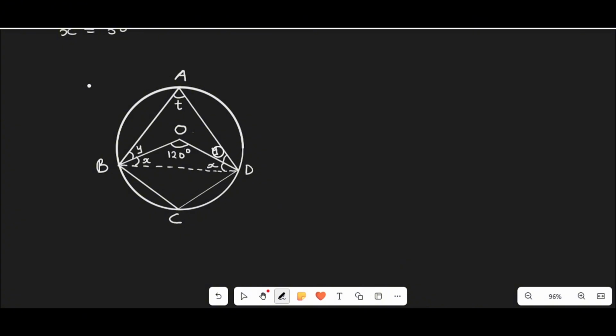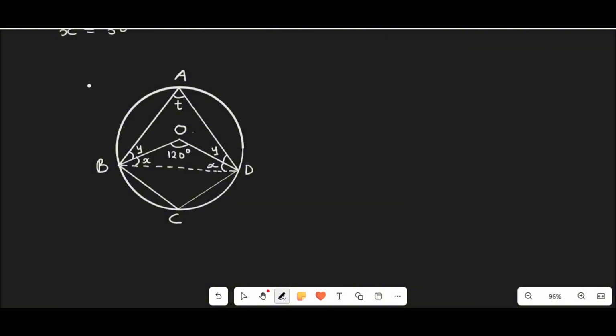Let us find the value of y by considering triangle ABD, and the sum of interior angles of a triangle is equal to 180 degrees.